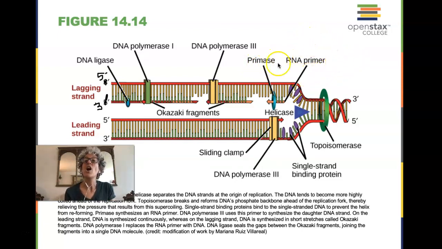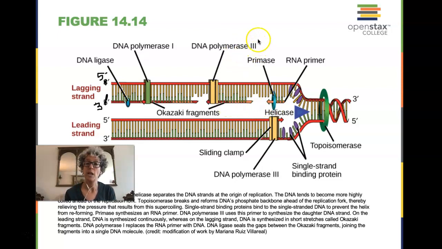And it's going to be RNA. Why? We don't know. It just is. It's an RNA primer. A short stretch of RNA that can base pair with the parent original DNA strand, and it is synthesized in a 5' to 3' direction. That's what provides us a 3' OH.